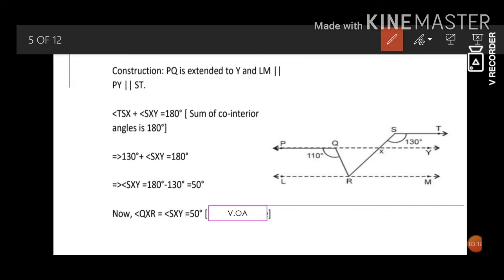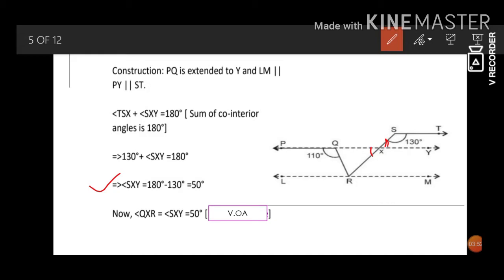Here we can see that the angles TSX and SXY are co-interior angles and we know the sum of co-interior angles is 180. So substituting the value of angle S and solving for angle X, we get 180 minus 130 degrees, that is 50 degrees. Again, angles QXR and SXY are vertically opposite angles.